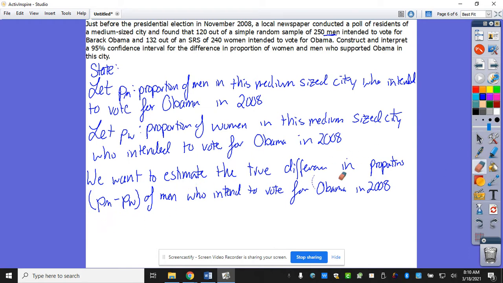Let's say versus, because we've already said proportion and subtracting here. But I haven't talked about population yet. They both happen to be from the same population, or both from the same area.